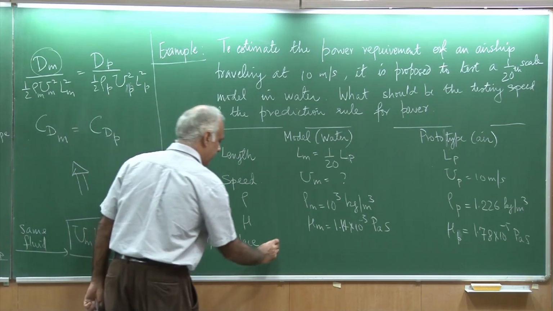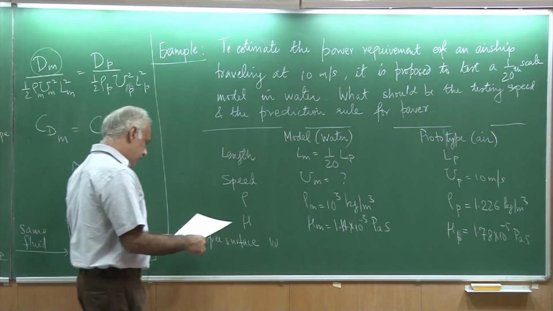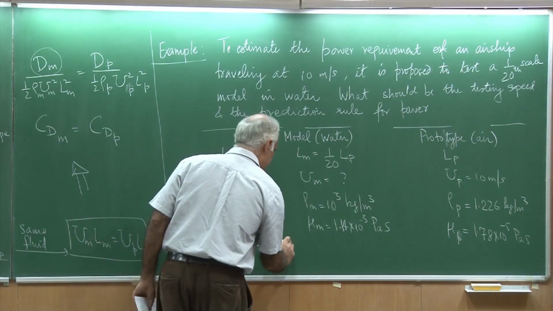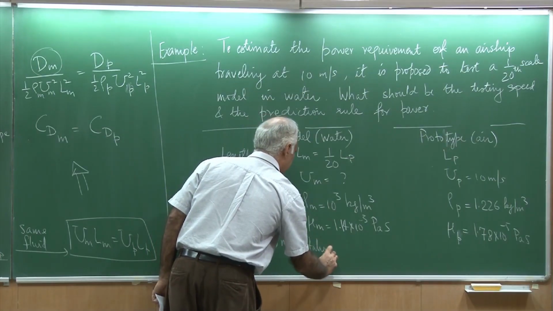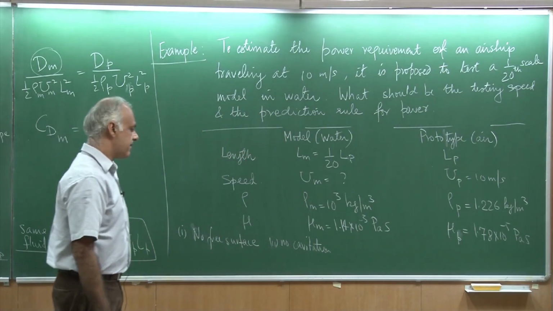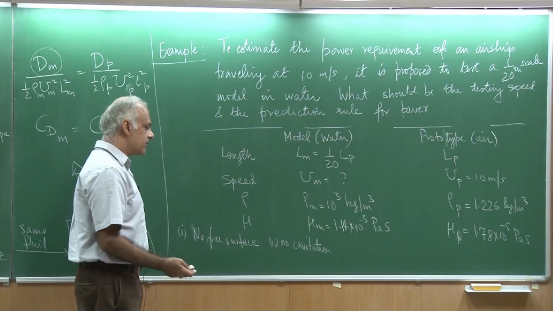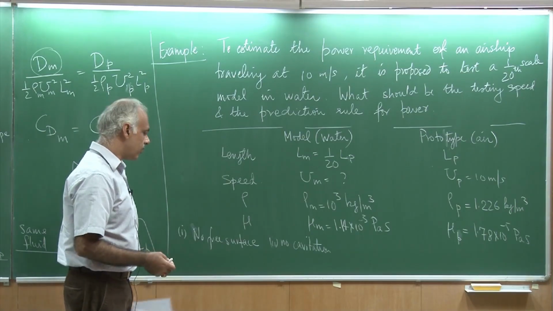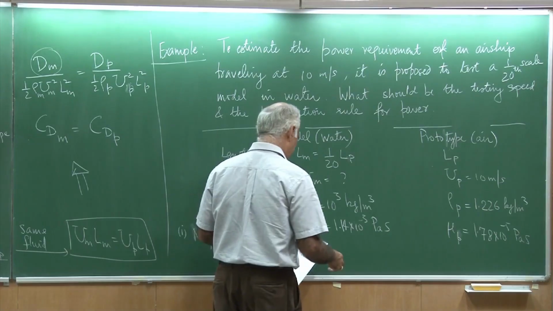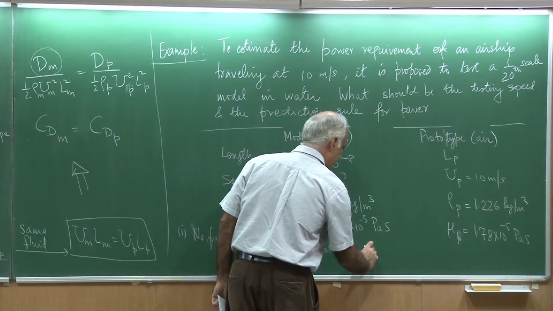So we keep that in mind. We also know that there is no cavitation. If there is any, we will ignore it. Therefore, Euler number is not important, there is no free surface, so Froude number is not important, and we will also ignore the effect of gravity.